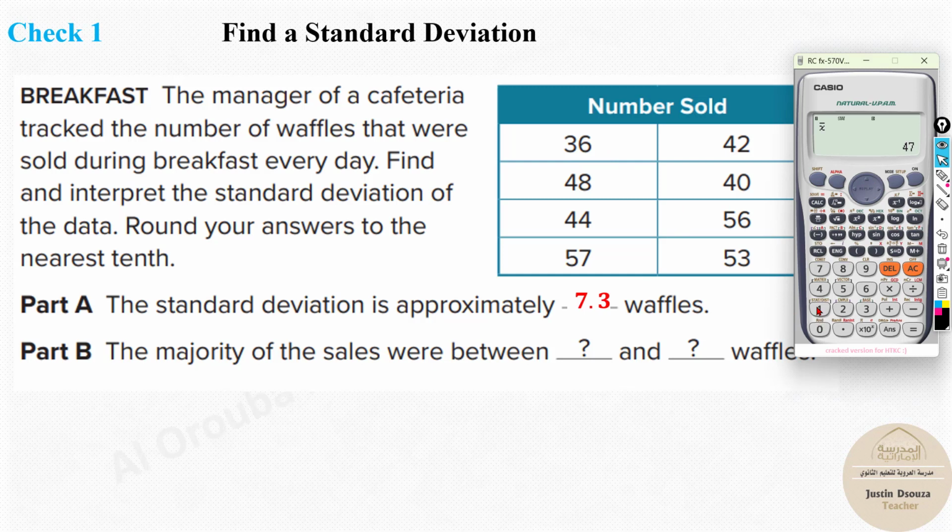Press shift 1, 4, and now I will look for the standard deviation. Standard deviation is option 3, and here we get 7.26. Rounded to the nearest tenth, it is 7.3. This is the standard deviation from the mean that we require for the given values.